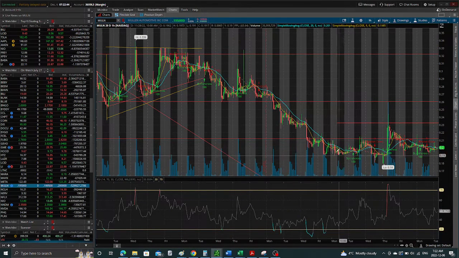As you can see here, the stock came down, pushed back up, came back down, retested the support. This is kind of what we want to see. We want to see a bit of consolidation, because that gives the stock a chance to push back up.